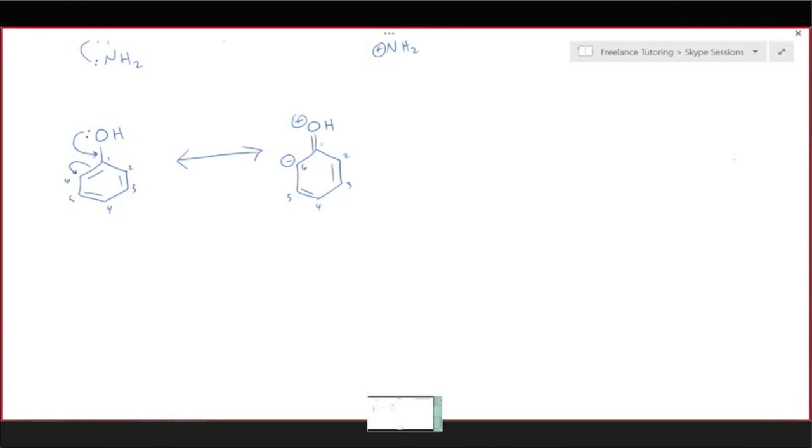Try to draw new arrows that will lead us to a third resonance structure. Okay. Those are good arrows. That's the same pattern as before. Now there's a lone pair on carbon 6, which is adjacent to the pi bond on carbon 5. Excellent. So let's continue and draw that structure. Great.